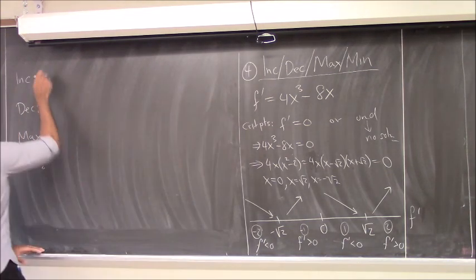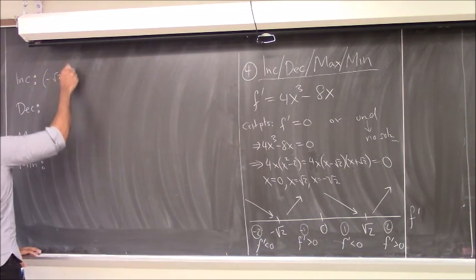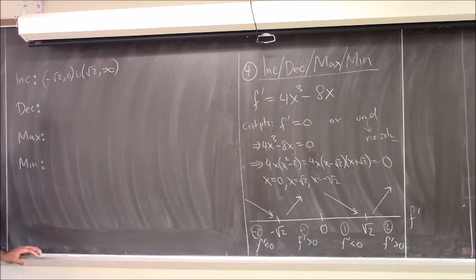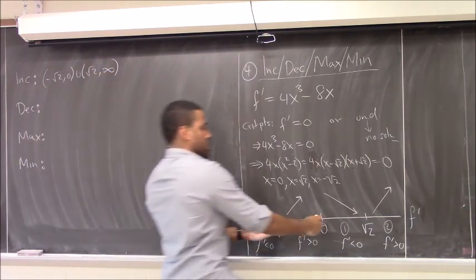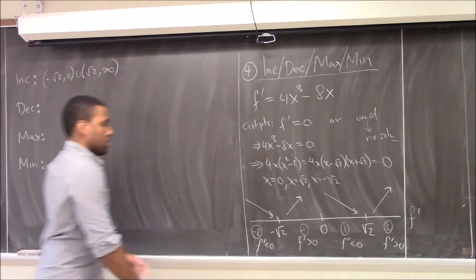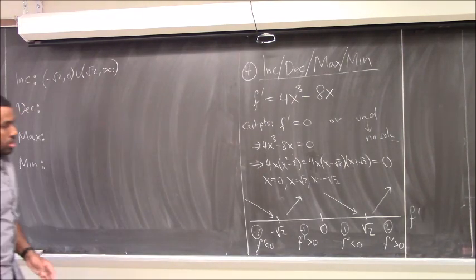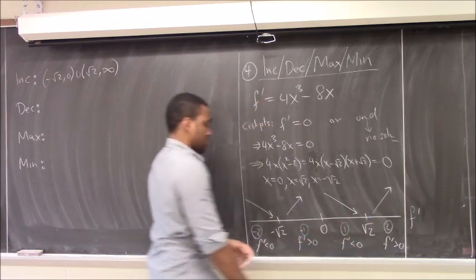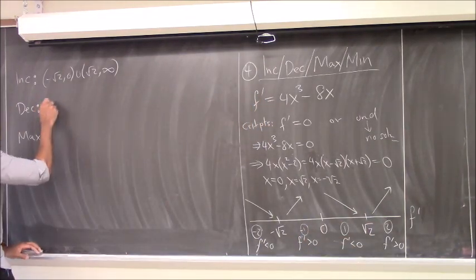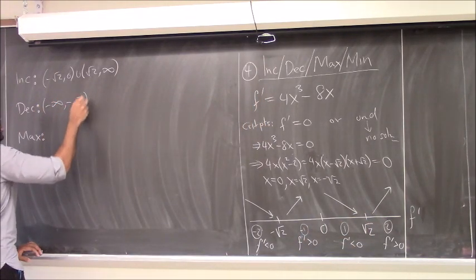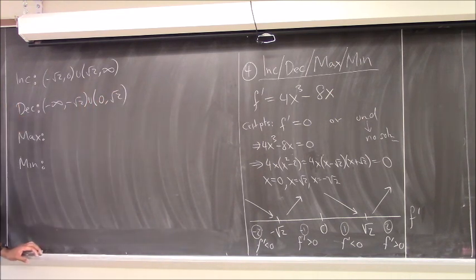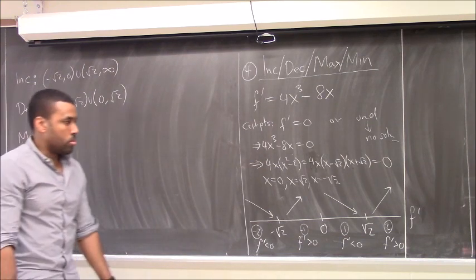So I can write that down as minus radical 2 to 0, union radical 2 to infinity, because I'm increasing in these two intervals. If I'm decreasing here, here, that's where I'm decreasing. Where do we hit a maximum, if anywhere?